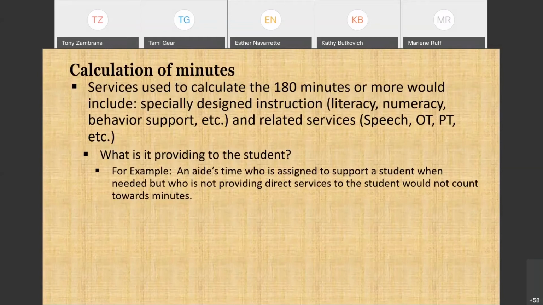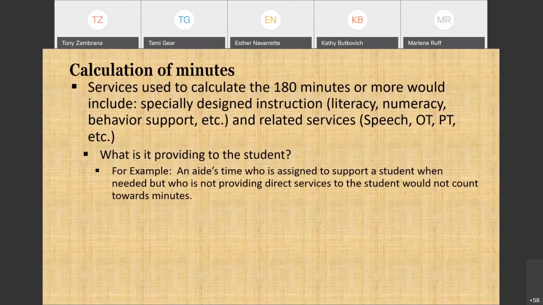So maybe you have an aide who is assigned out to the playground or into the lunchroom or in the classroom in case they were needed, but they're not providing actual direct student services. So the student's listening to the teacher, and the teacher is providing the instruction, and the aide is just there in case they're needed. That does not count towards that 180 minutes, right?